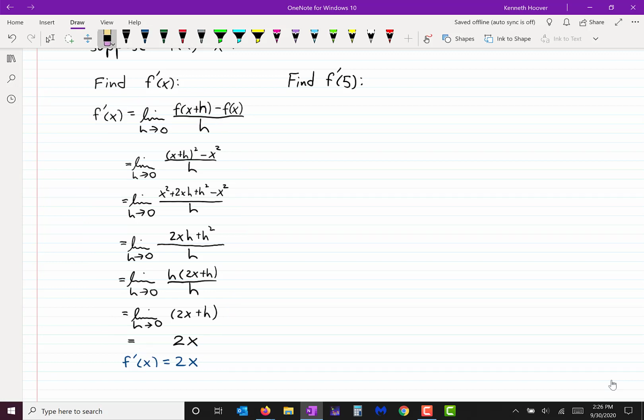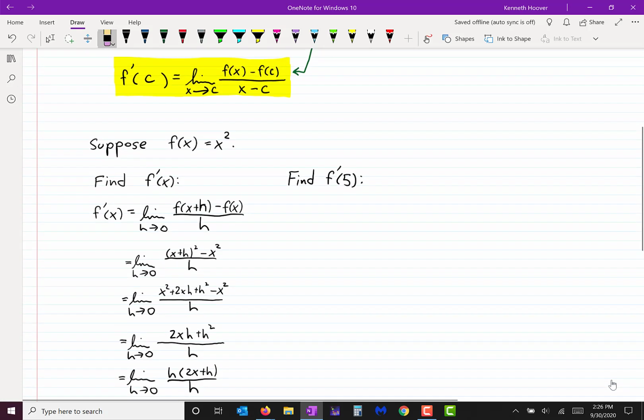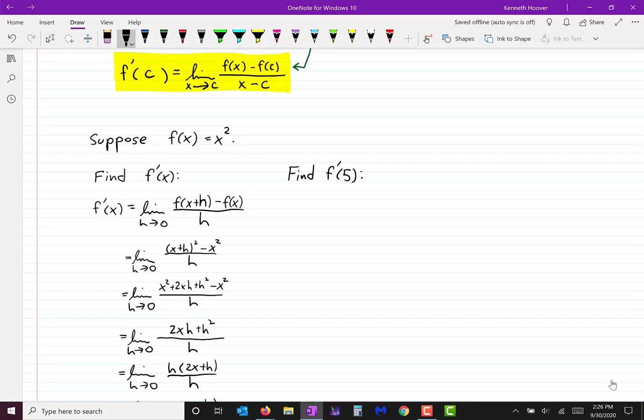But how I would choose to do it personally is I would use that definition in yellow, and I would write f prime of 5 equals the limit of f of x minus f of 5 over x minus 5 as x goes to 5.